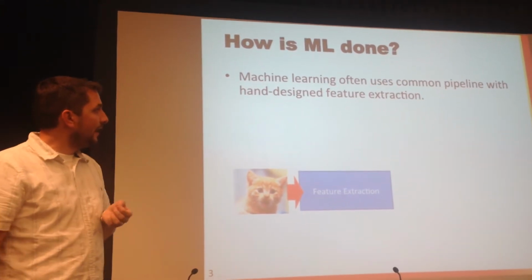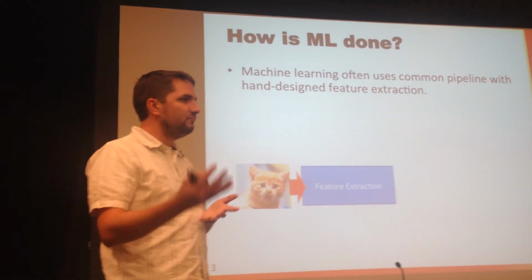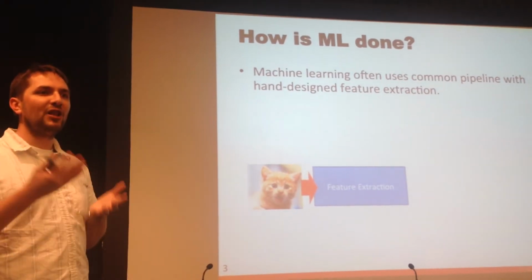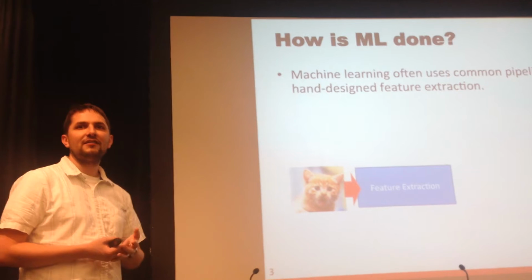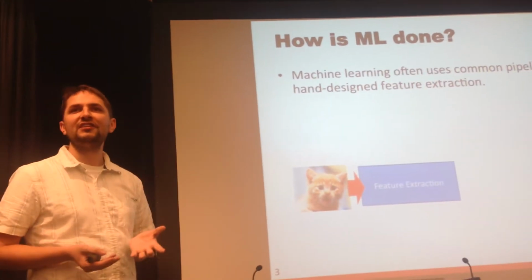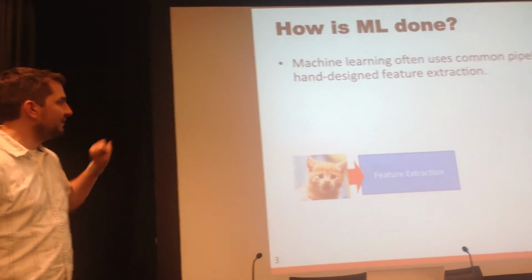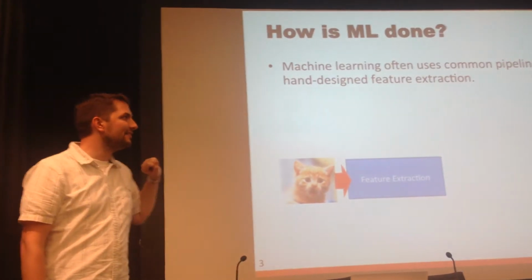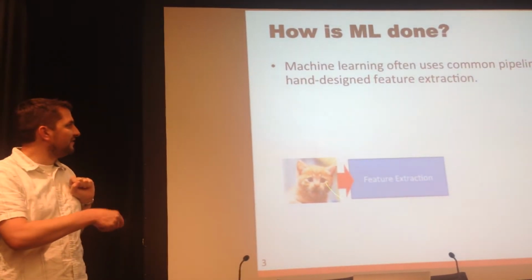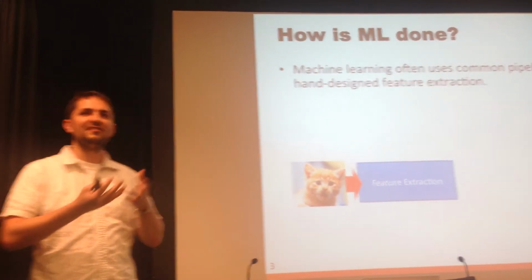So how is it that we actually do machine learning? There's a classic pipeline that covers a huge fraction of the way machine learning is actually done in practice. For example, if I give you a bunch of data, like images of cats, what we usually have is some feature extraction system.